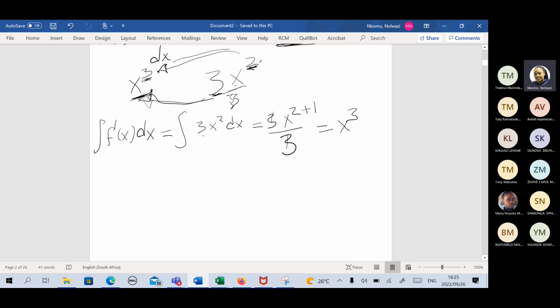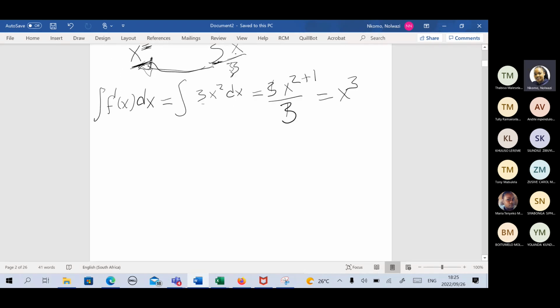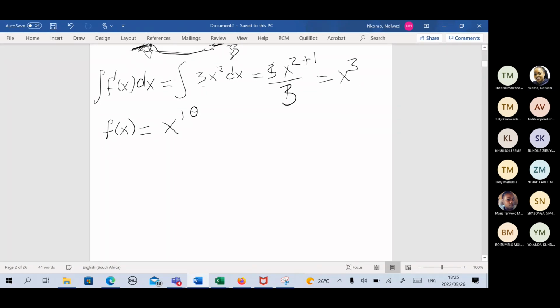Now, suppose we want to integrate another function. Let's say we are given f at x now as x to the power 10, right? This means we should find a function whose derivative is x to the power 10, right?